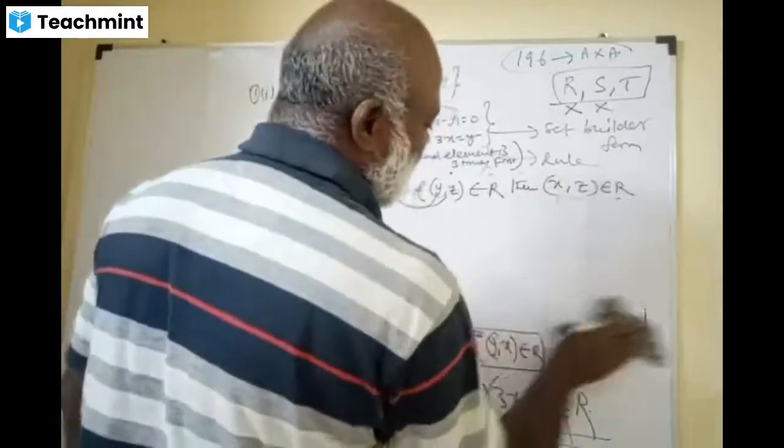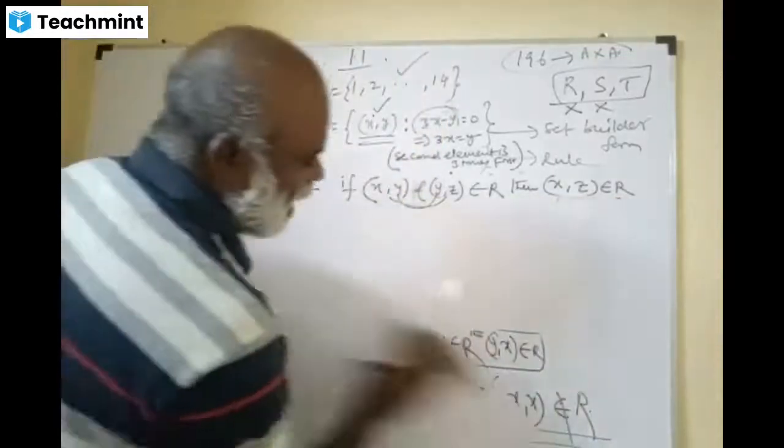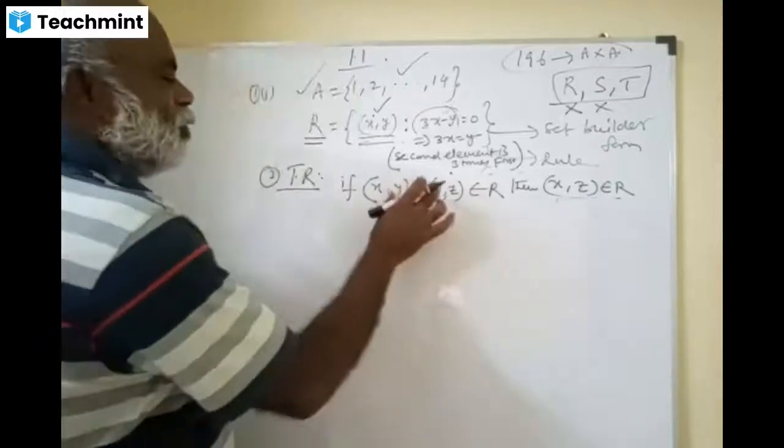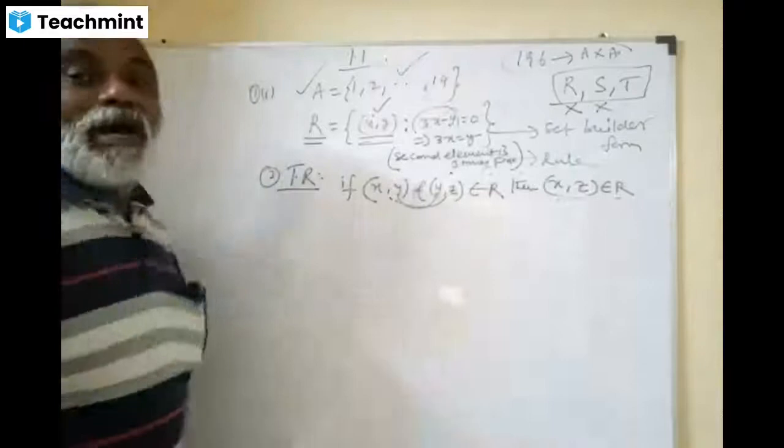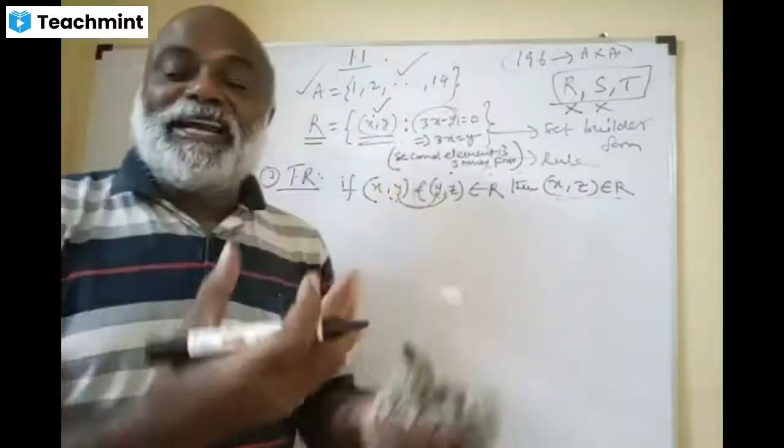If it is a transitive relation, and these two are given, then automatically this will belong to R, if it has the quality of transitiveness.